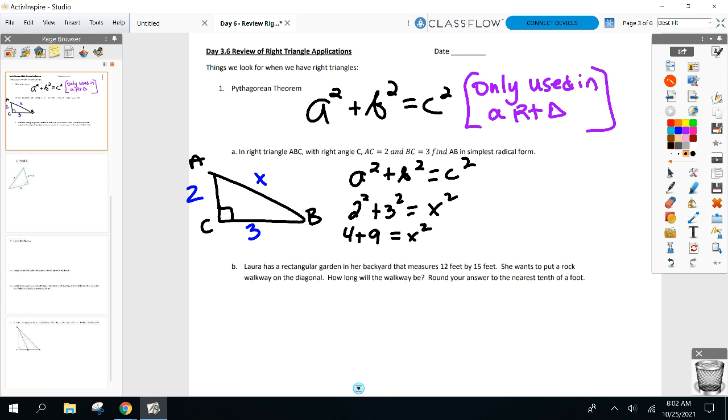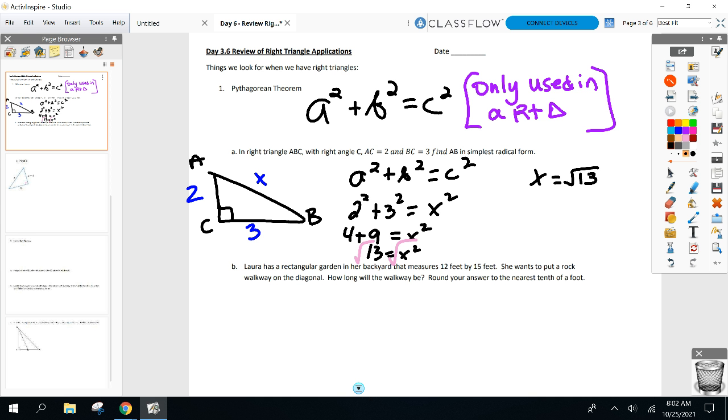Add 4 and 9, we get 13. And then my final step, I've got to solve for x. Anybody want to take that part? Let's take the square root of both sides. Yep, don't hit your calculator, please, because look at my directions. My directions say simplest radical form. I'm not going to get into it because it doesn't happen here, but you can't break down 13 anymore, so this is in simplest radical form.